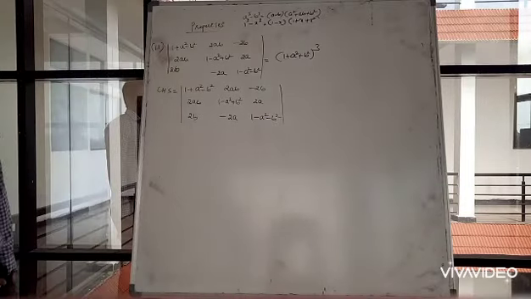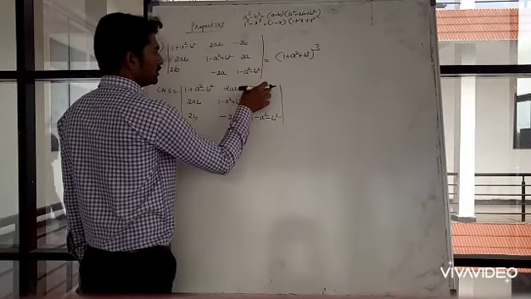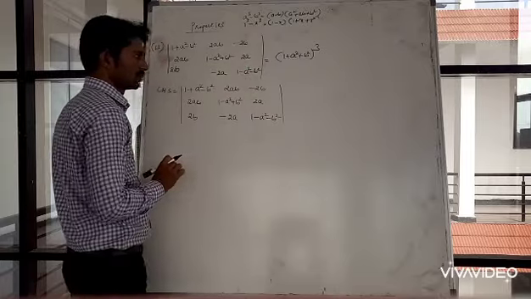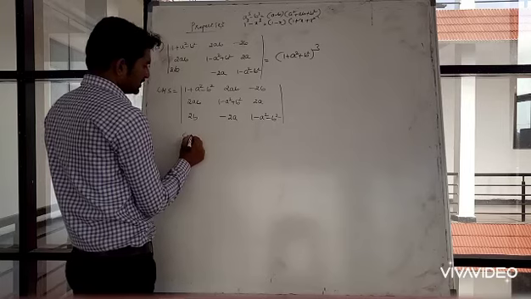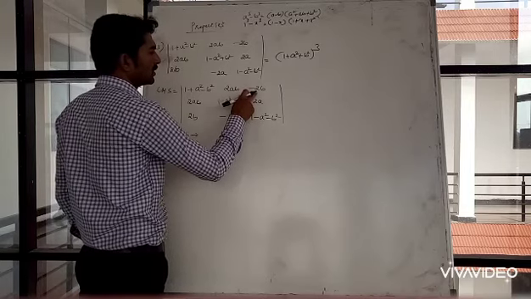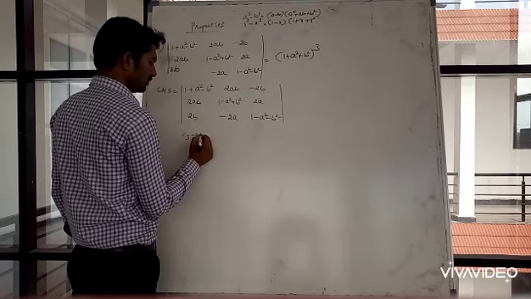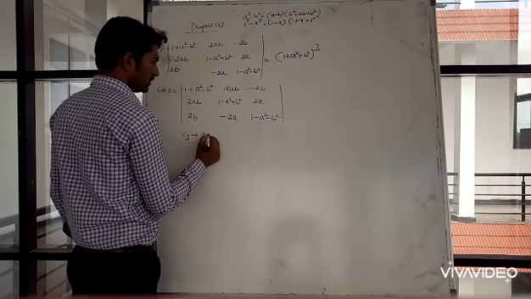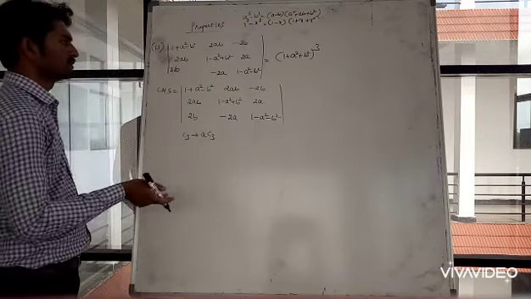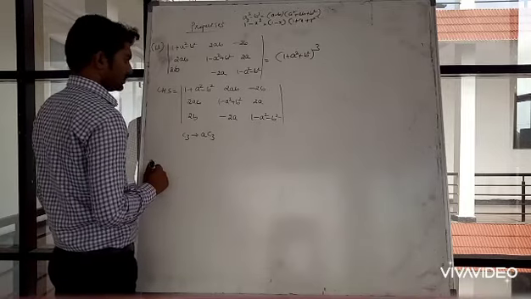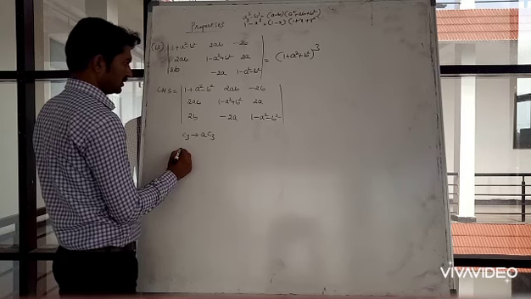Now here, to make them 0, what will happen? C3 implies, to make it 0, here ab is there, here also make it a, product by a into C3, then add it to C2. C3 implies a into C3.